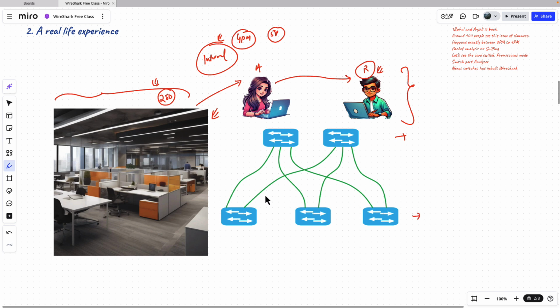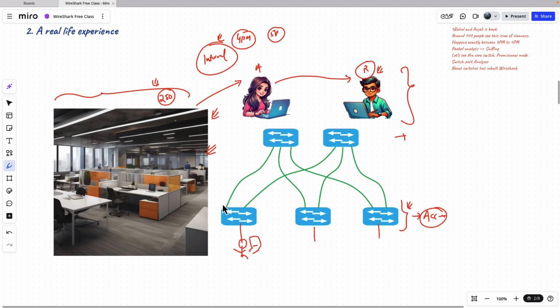But from a networking perspective, this floor will have some switches, where the pair of switches or maybe multiple switches is where the users finally get connected with their laptops, right? Or maybe some IoT devices, printers. Those are known as access switches because we are using these switches to access the network, right?